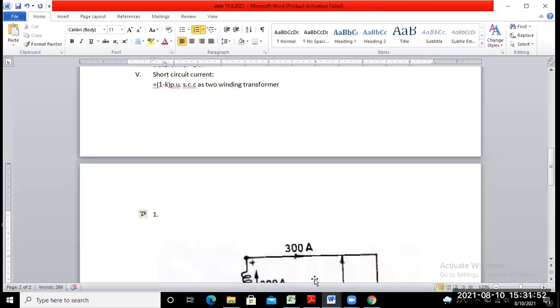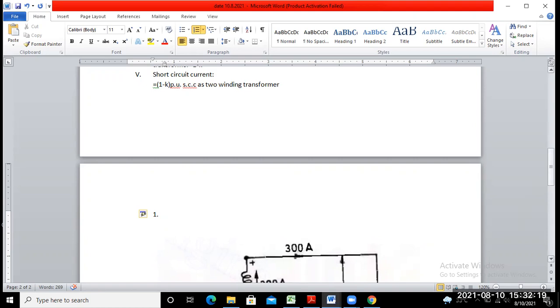Suppose you consider an example of three winding single phase transformers, with the winding voltage rating given to you. That means three single phase units connected in a three phase transformer.